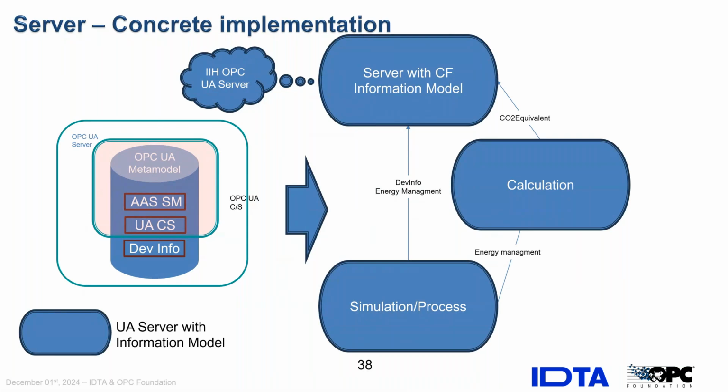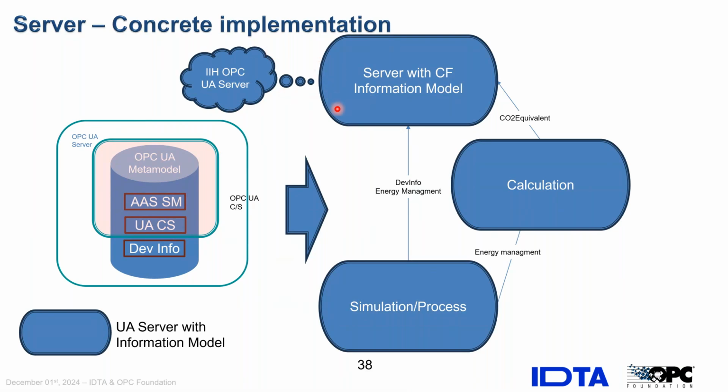Like we said in the beginning, the POC consists of an OPC UA server which has the carbon footprint submodel and the energy management companion specification inside. And this is done by us using the Siemens IIH OPC UA server.